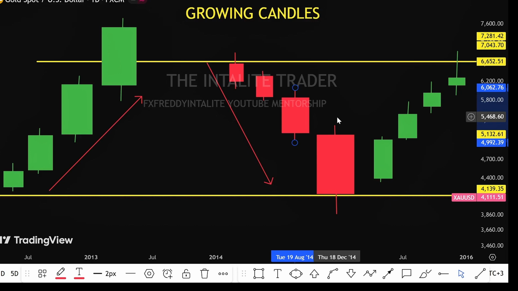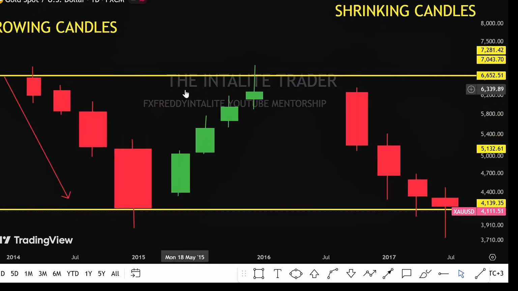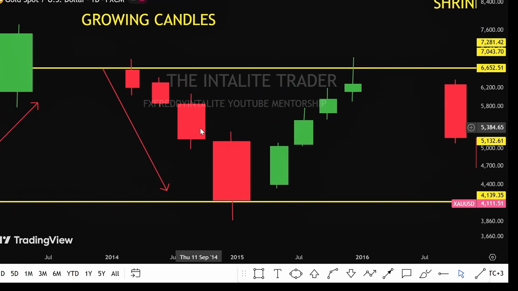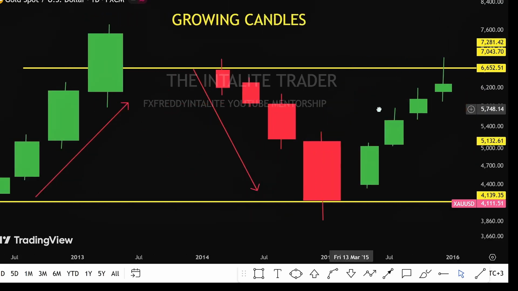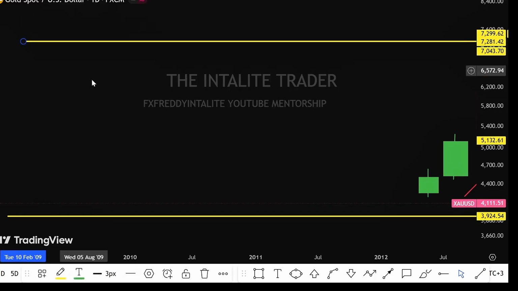So they confirm a heavy selling presence in the case of a downtrend and a heavy buying presence in the case of an uptrend. If you see this after such patterns, let's say you had shrinking candles and then you get growing candles, it is a good signal for you to go ahead and make money from the market.